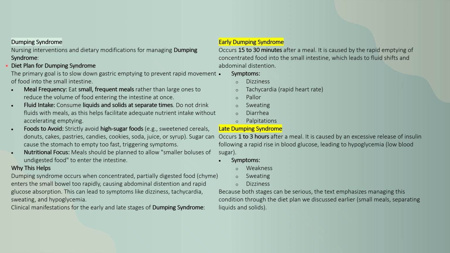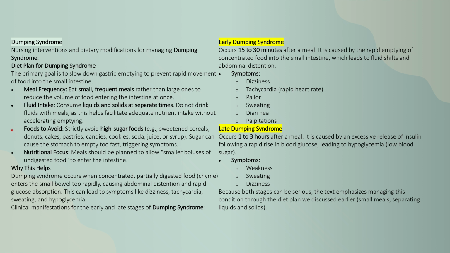Meal frequency: eat small, frequent meals rather than large ones to reduce the volume of food entering the intestine at once. Fluid intake: consume liquids and solids at separate times. Do not drink fluids with meals, as this helps facilitate adequate nutrient intake without accelerating emptying.